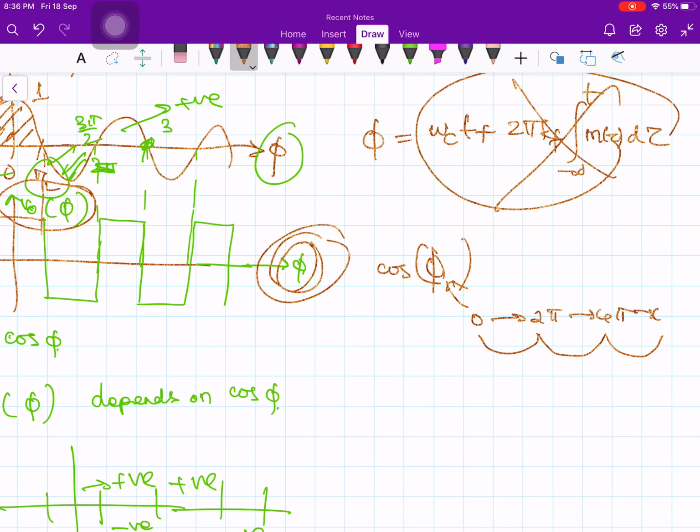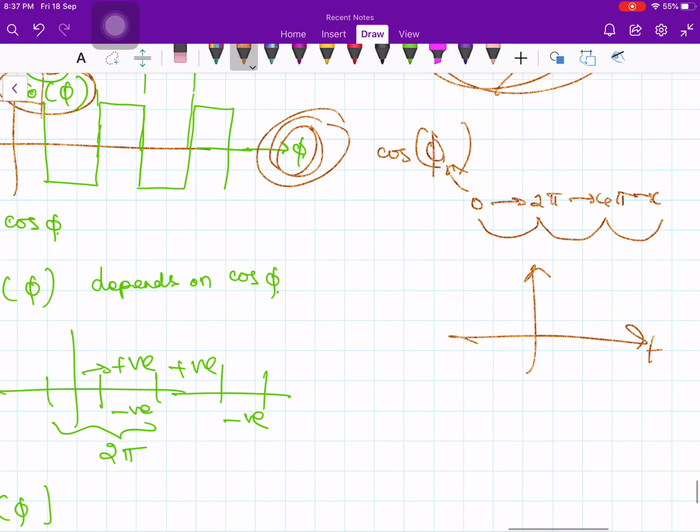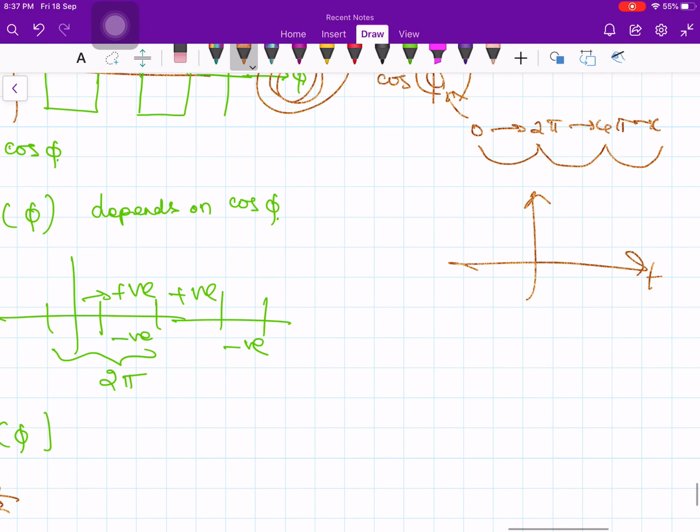Okay, so this is a separate issue. If you try to plot time versus your output, that is a separate issue. So we are not considering that now. So we are plotting in terms of phi. So as far as phi is concerned, it is constant. Okay, we don't even have to worry about it. No, we are not talking about your time dependence. Okay, in fact, we are not worrying about what a of t is. We said a of t is positive. Okay, it is a simple scalar multiplication.